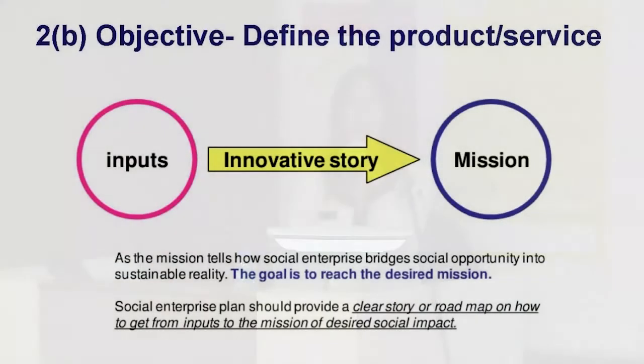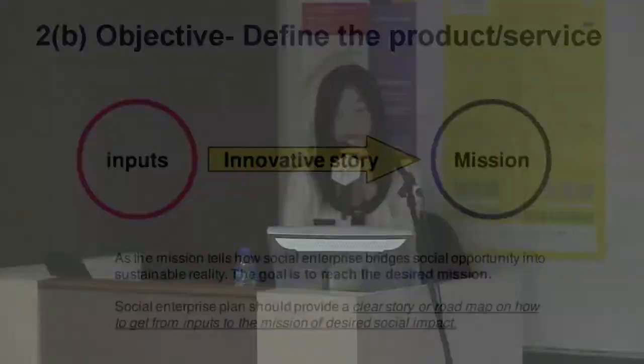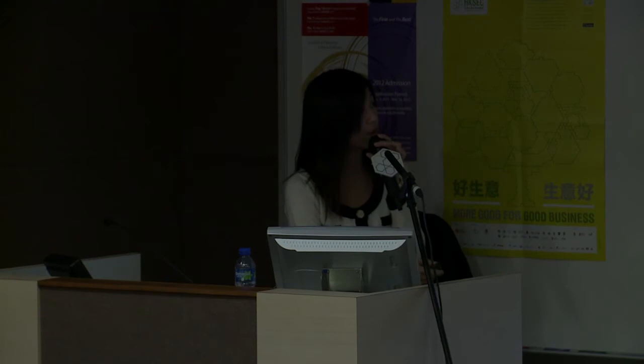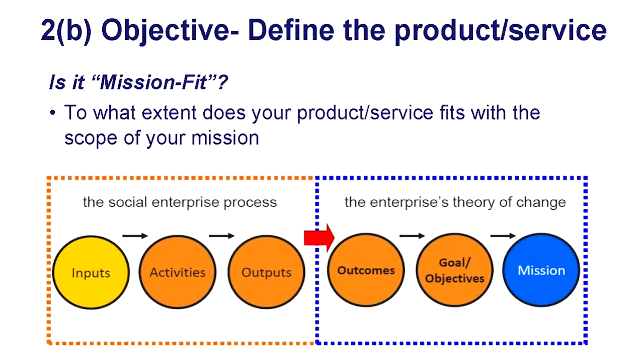So, objective, define the product service. Is it mission fit? I think Mingles previously have talked about this. To what extent does your product or service fit with the scope of mission? The inputs, the activities, the output, that is a social enterprise process, into the market, the outcome of goals and objective.